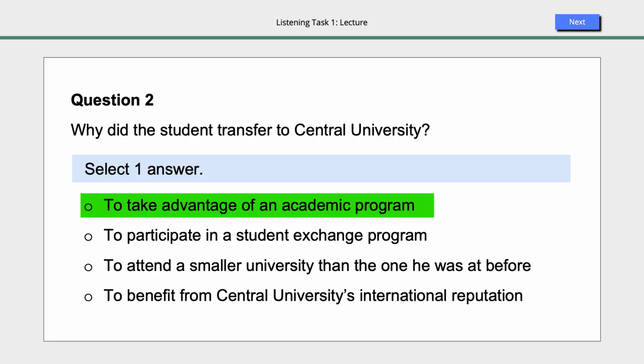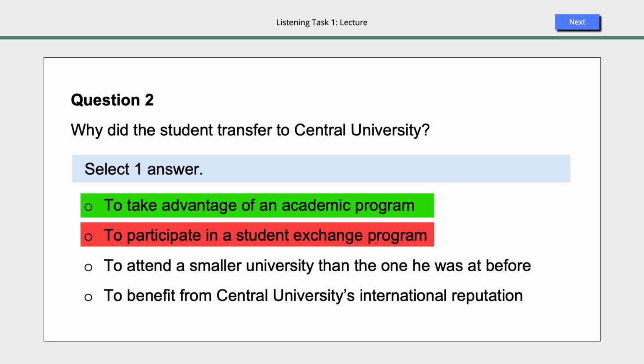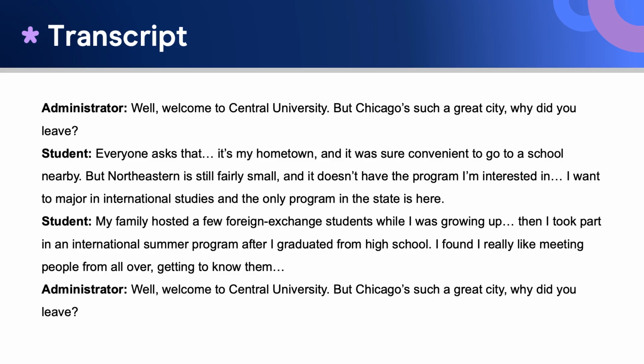The next option is to participate in a student exchange program. Again, earlier the recording said that my family hosted a few foreign exchange students while I was growing up. But this isn't given as a reason why the student transferred there. The next option is to attend a smaller university than the one he was at before. We can see that the student did say, Northeastern is still fairly small.